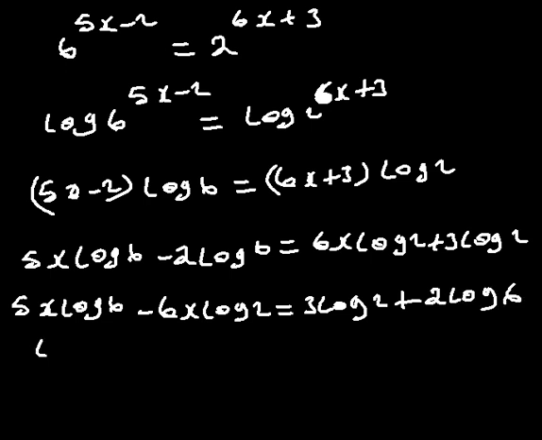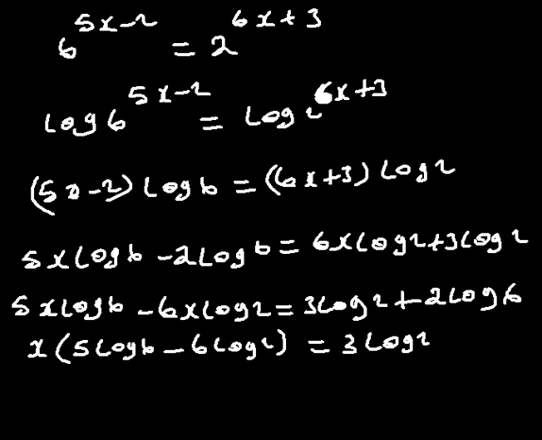How do we factor out x? x times (5 log 6 minus 6 log 2) equals 3 log 2 plus 2 log 6, like that. Then I divide both sides by what we have here in order to solve for x. So proceed with that.